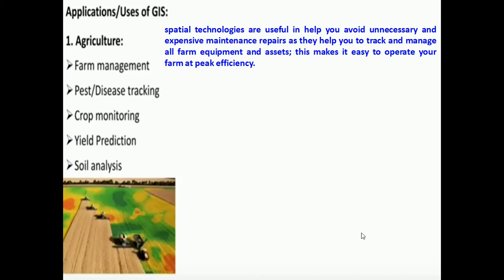It's very helpful for managing farmers' work. For example, farm management, disease tracking, crop monitoring, yield prediction, soil moisture. So if you use GIS and GPS technologies in agriculture, it easily manages land cover features and land resources by using geospatial technology.